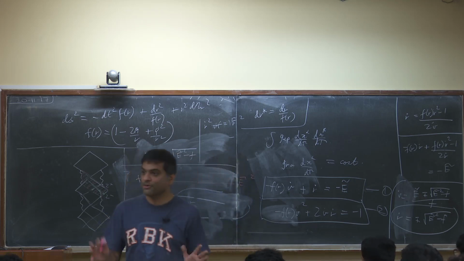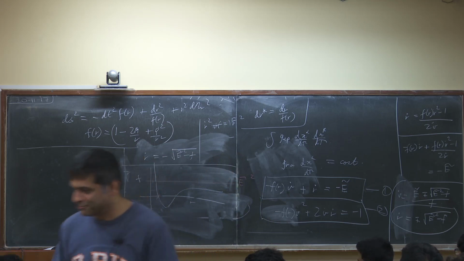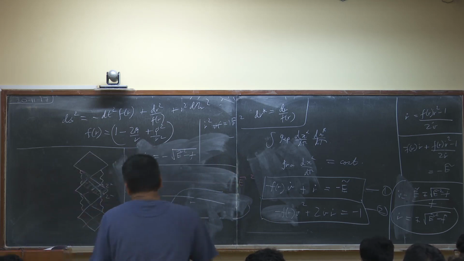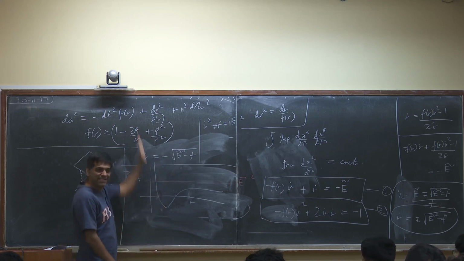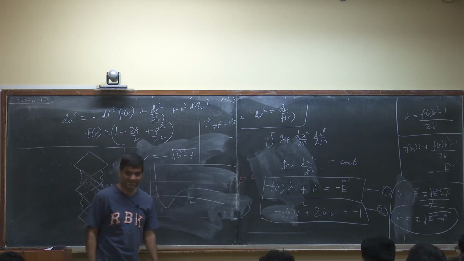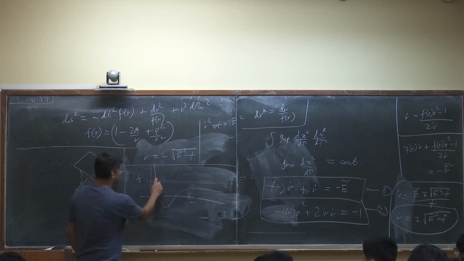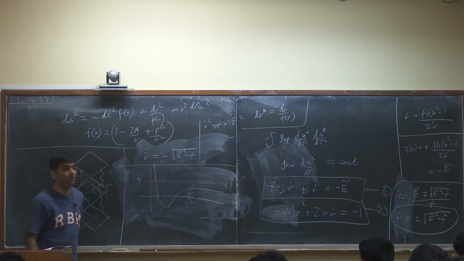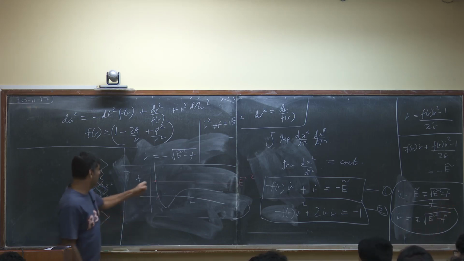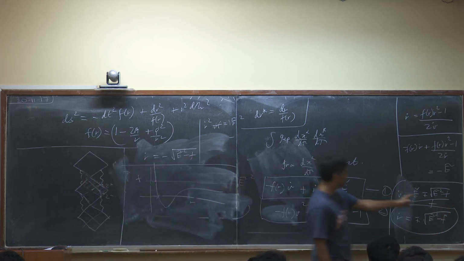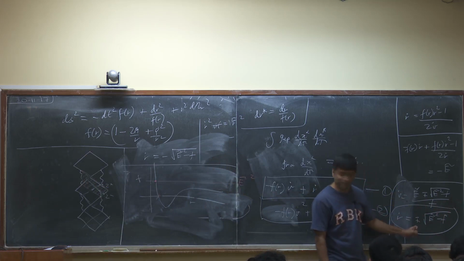This is how gravity was not supposed to behave. It's supposed to be attractive, but this f increasing is repelling the particle. Once a particle has gone here, the solution switches to this branch: r dot is positive.